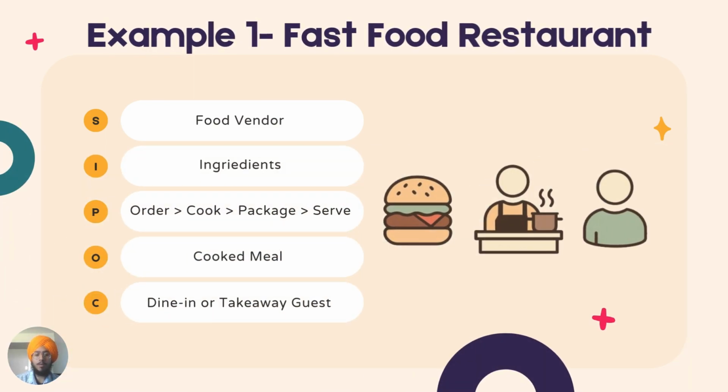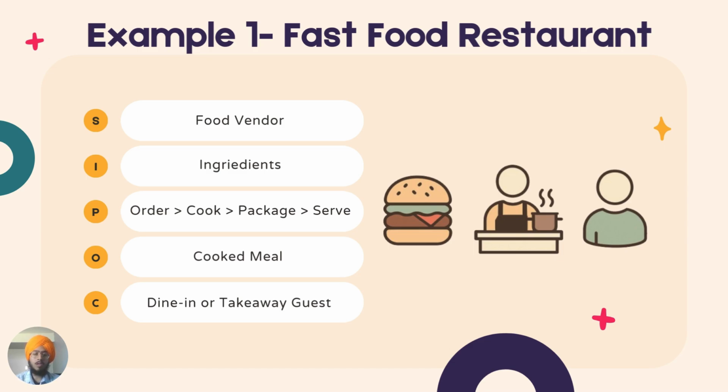So our first example is a fast food restaurant. Imagine the process of a customer ordering a burger. The supplier is the food vendor who provides ingredients like buns, patties, veggies, or any other toppings that are to be put in the burger. The inputs are those raw ingredients that make our burger.